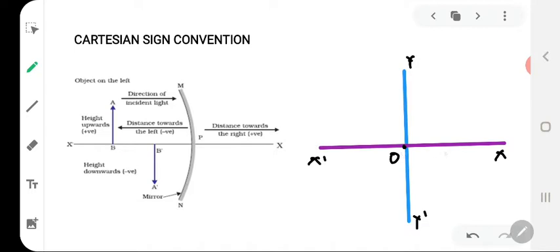Whenever we are measuring any value towards the right of the origin, they are positive. Similarly, whenever we are measuring any value towards the left of the origin, they are negative. This is how we plot values on the graph paper.